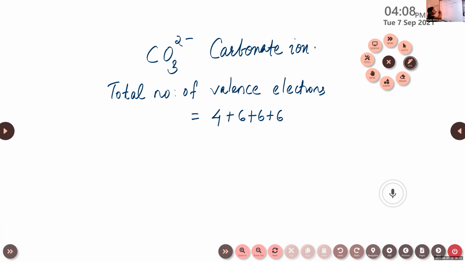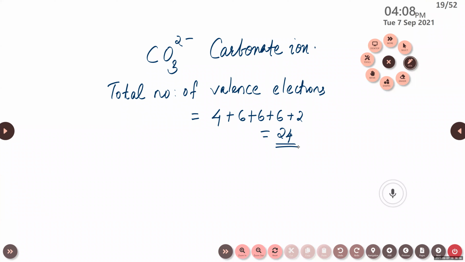Then plus 2, because here it is 2 minus, right? So 2 more electrons are added to this valence electrons. Then total 24, right? Yeah, okay. 24.